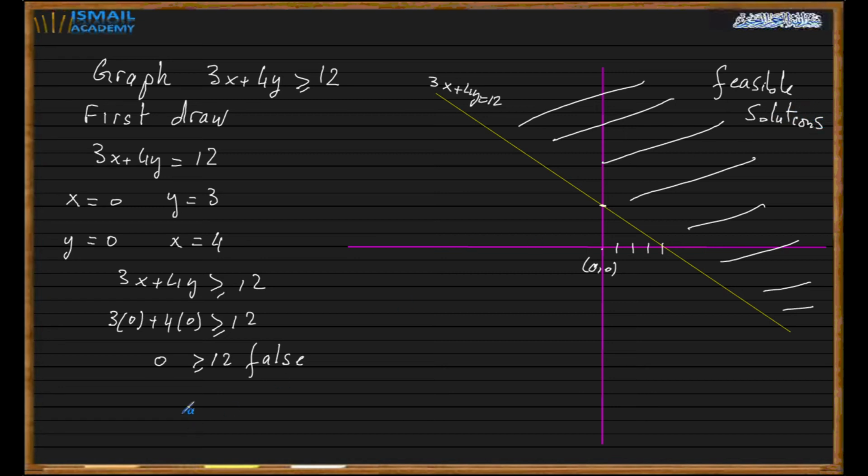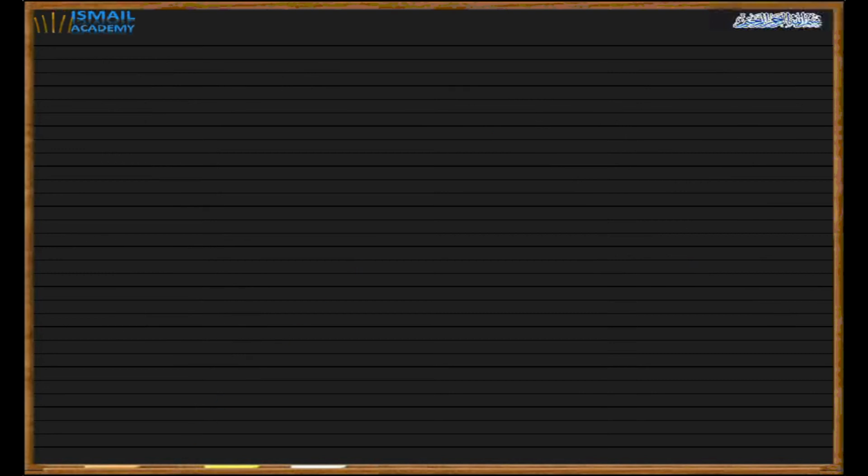Alright, so let me do two more examples. Here I want to graph 2x is less than minus 4, for example. So let me draw my x coordinate and y coordinate.